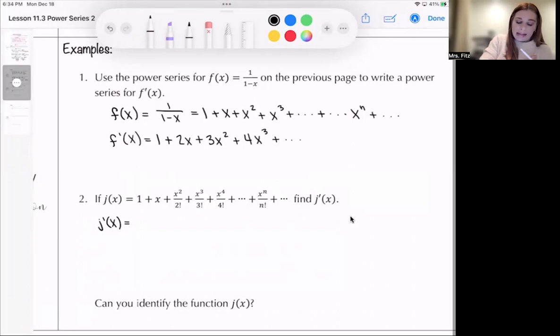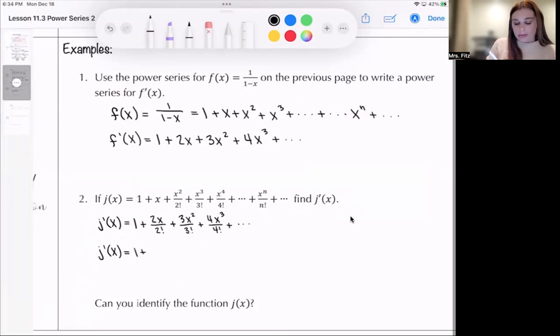The derivative of x is 1, plus the derivative of x squared is 2x, and it would still be over 2 factorial, plus the derivative of x cubed is 3x squared over 3 factorial, plus the derivative of x to the 4th is 4x cubed over 4 factorial, plus, and we're just not going to worry about a general term right now. Okay, let's clean this up a little bit.